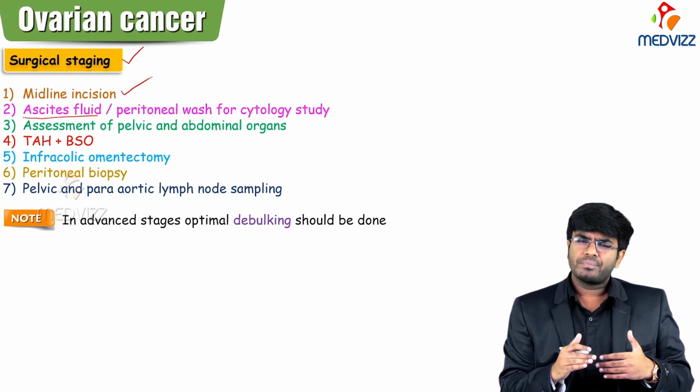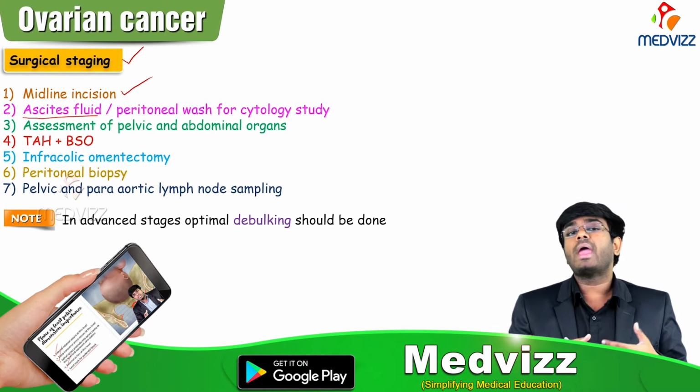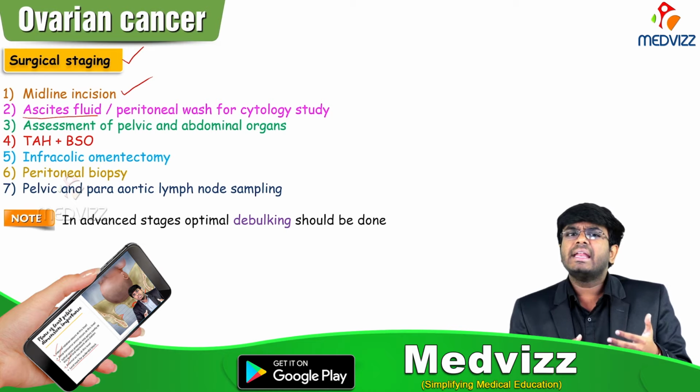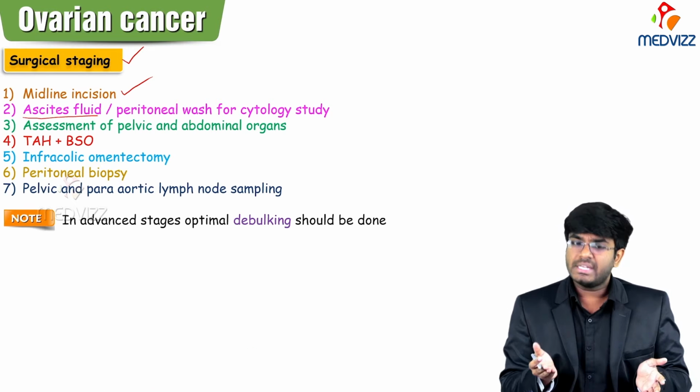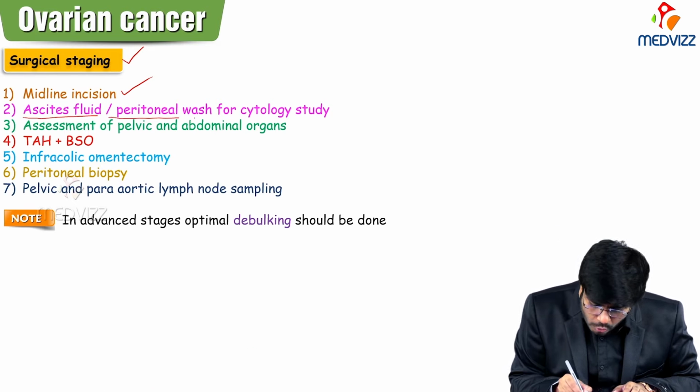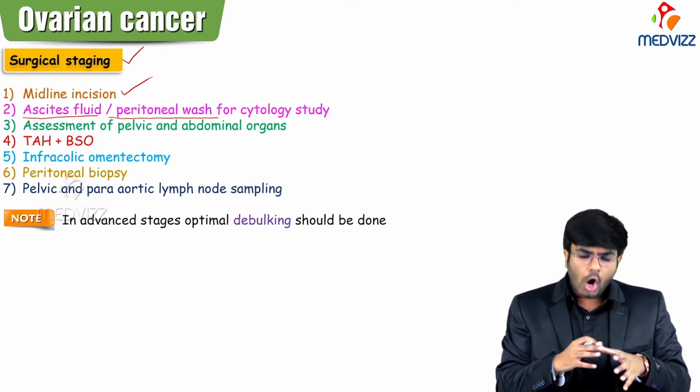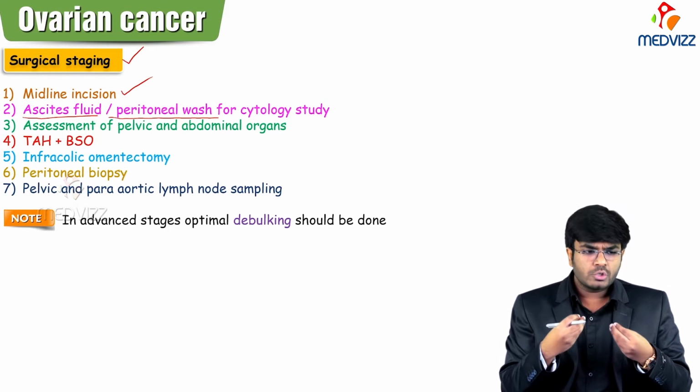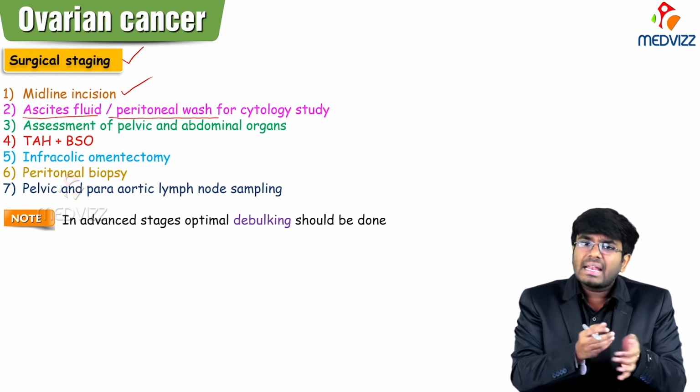If there is no ascites, what we have to do is create an environment which looks like ascites. That means you have to do a peritoneal washing. All these peritoneal pouches, you do a saline washing and collect this fluid.